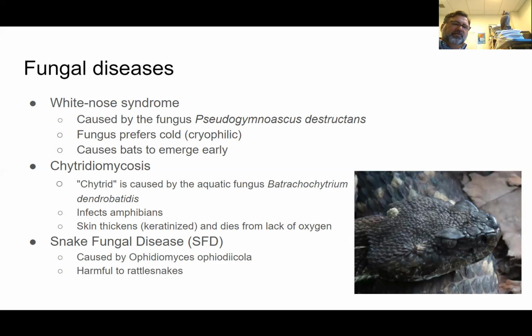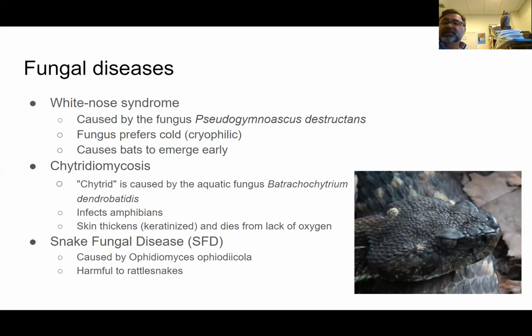Chytrid fungus, Chytridiomycosis, is caused by an aquatic fungus, Batrachochytrium dendrobatidis, which means the swollen fungus in the infected tree frog. That infects amphibians, so salamanders are susceptible, so are frogs and salamanders.